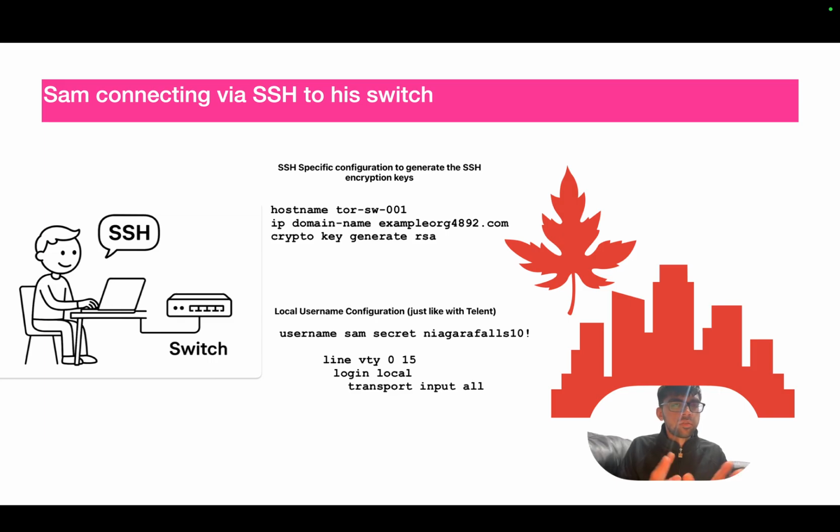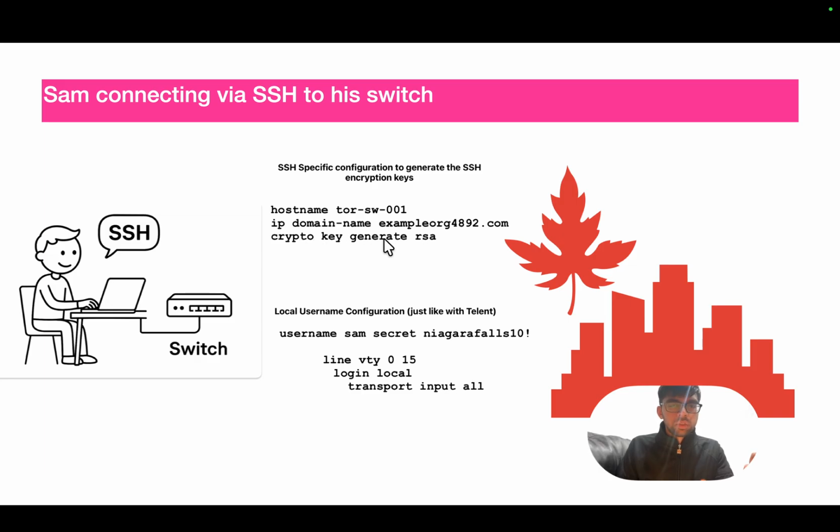Let's look at an example of young Sam. Sam wants to configure SSH access for his switch. He needs to specify a host name for this switch firstly. So he chooses Toronto switch 001, TOR-SW-001. IP domain name specifies his domain name, in this case example.org4892.com. Okay, just a random name. Crypto key generate RSA.